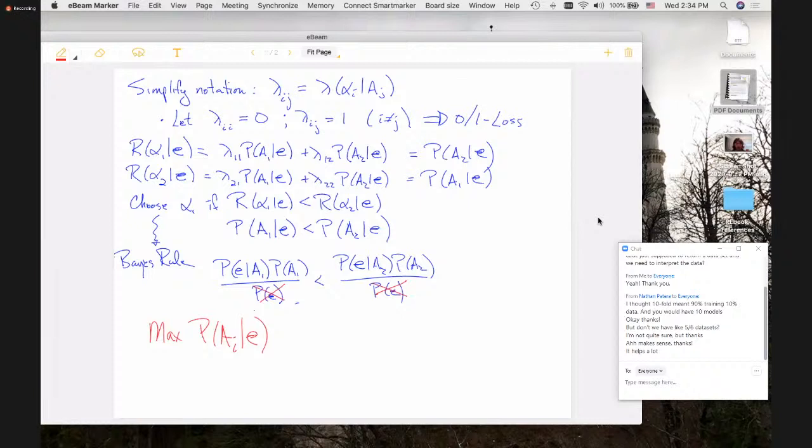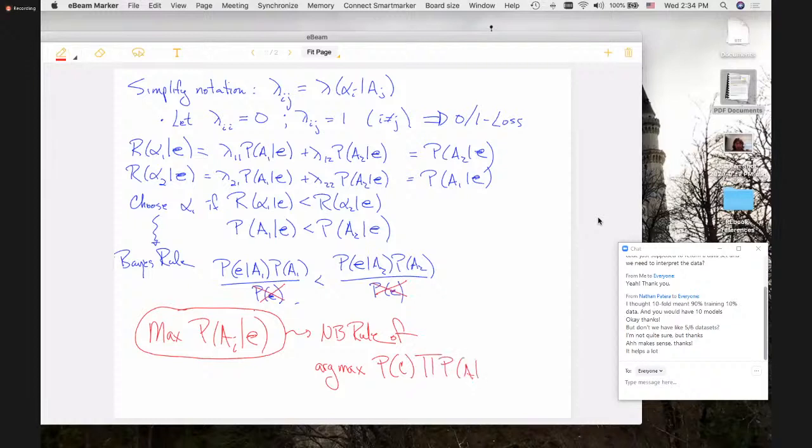All right, anyway. So this is what ultimately leads us to the naive Bayes rule of maximizing that product, where the probability of C here corresponds to the probability of A1 or A2 above, because the C is your choice or the class, and then the conditional probabilities correspond to that evidentiary probability shown in those inequalities.